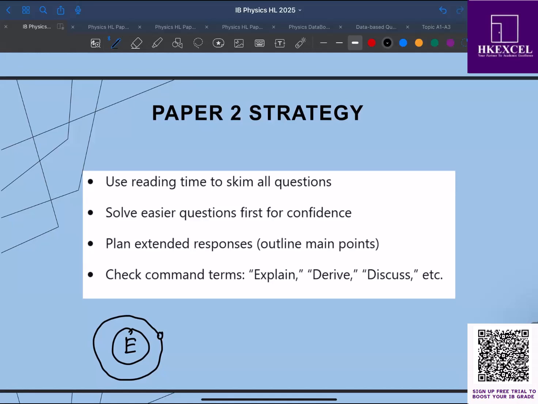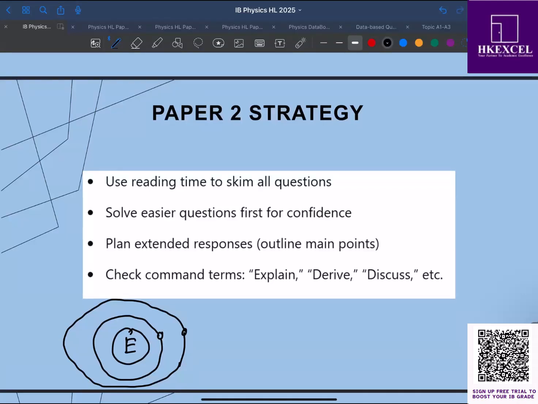They can also ask you to discuss the energy changes if the satellite orbit changes from, let's say, R1 to R2. So from here, if it moves to somewhere here and then it revolves, you can probably be asked to discuss the energy changes.